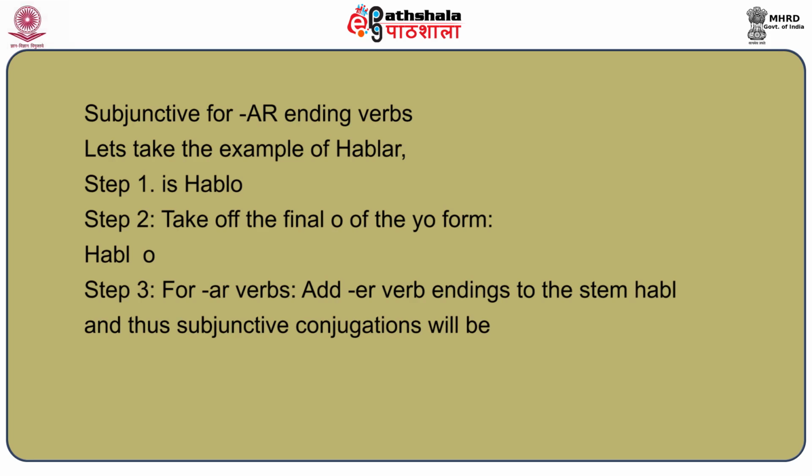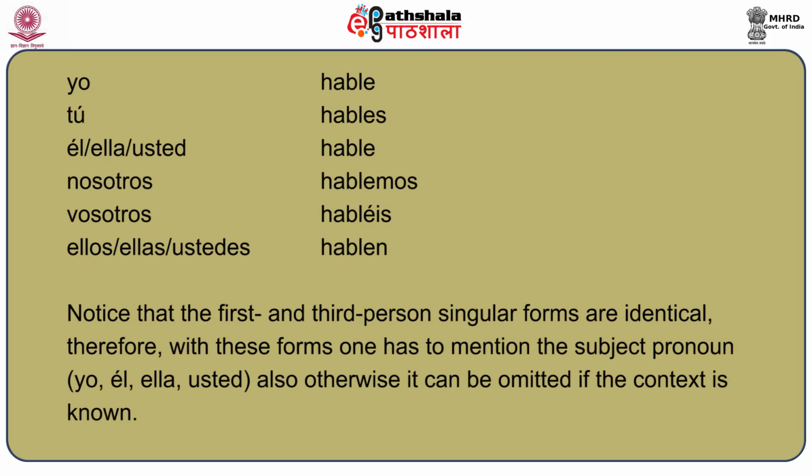And third is to add the ER ending verbs' endings to the stem habl, and thus the subjunctive conjugations for the verb hablar will be: yo hable, tú hables, él, ella, usted hable, nosotros hablemos, vosotros habléis, ellos, ellas, ustedes hablen.